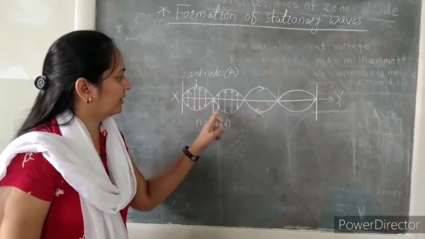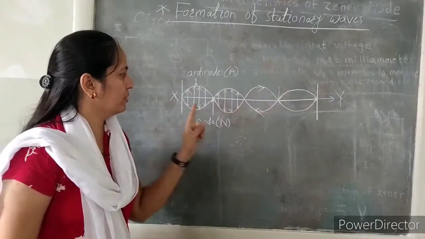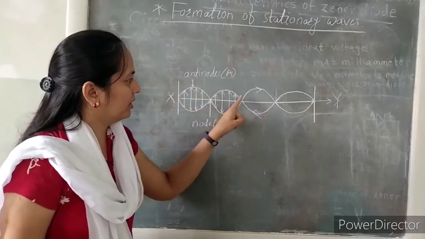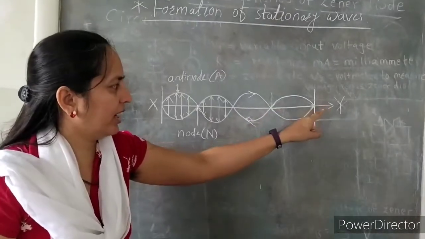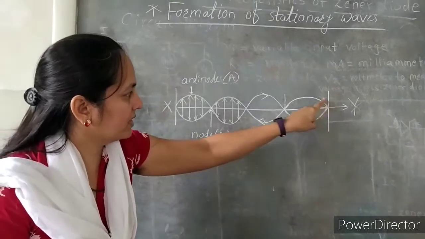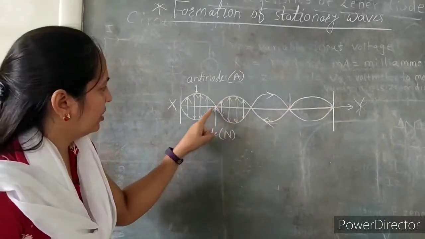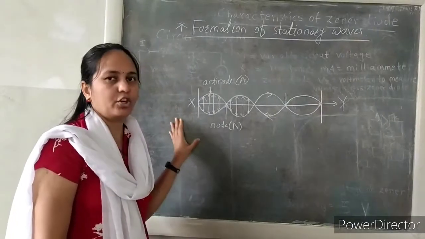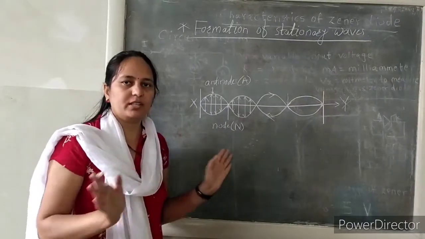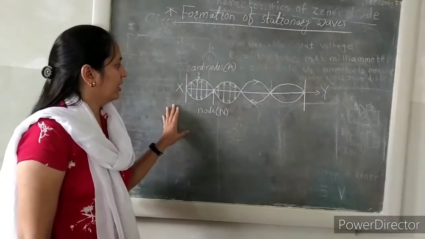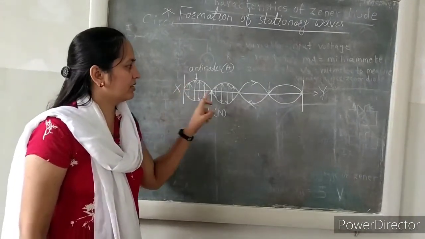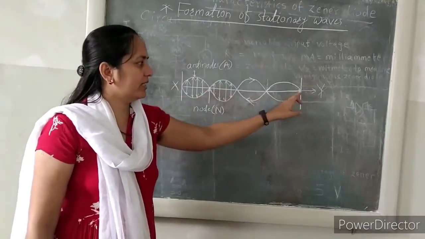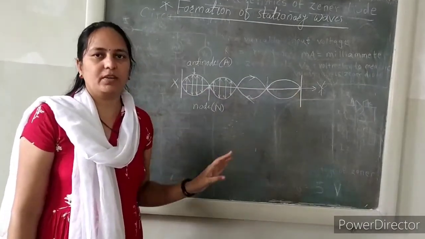So here these are the two progressive waves. This is the first wave traveling along the y direction, and this one is the second wave traveling towards the x direction. That means they are formed by the superposition of two waves in opposite directions. Imagine the string is fixed at the two ends, and some tension is given to it.